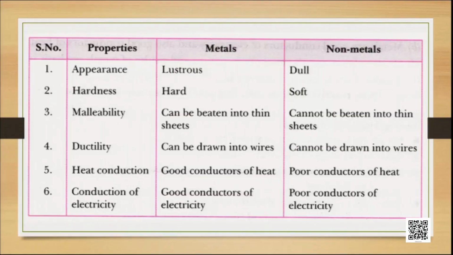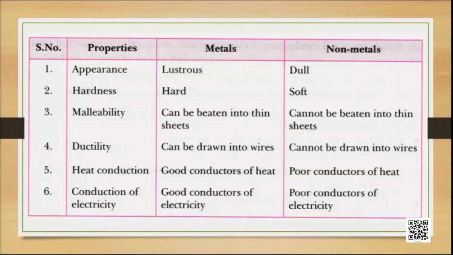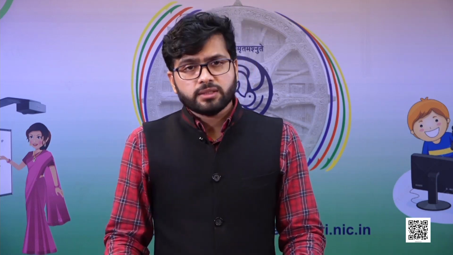Moving on to the next, conduction of electricity. Here metals are good conductors of electricity, and because of that all the electrical equipments and all the electrical wirings are made up of metal. On the opposite hand, non-metals are poor conductors of electricity, and that is why they are called insulators.